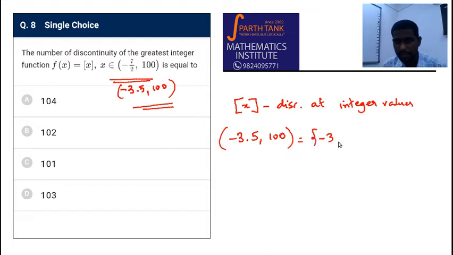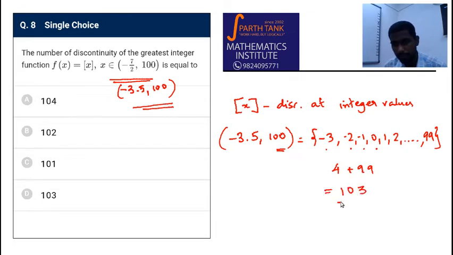Minus 3, minus 2, minus 1, 0, 1, 2, up to 99. 100 is excluded. Please note that. Therefore, how many do we have? 1, 2, 3, 4, and then another 99 numbers here. So 4 plus 99, we have a total of 103. 103 integer values in this domain, and therefore the number of discontinuities is 103.